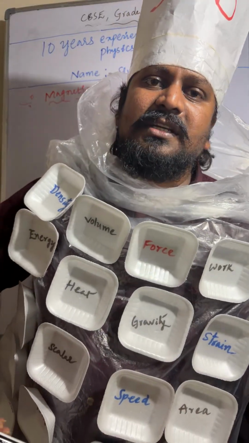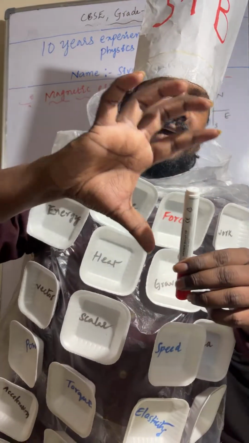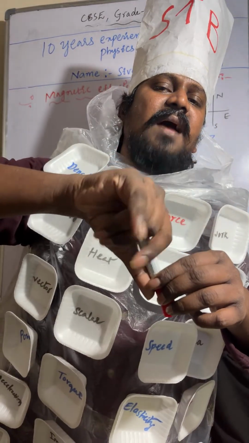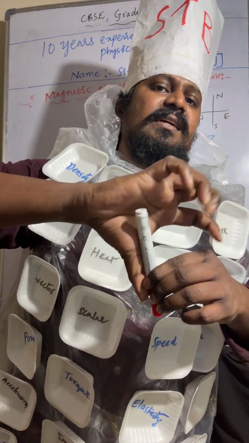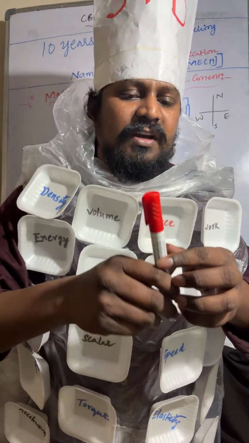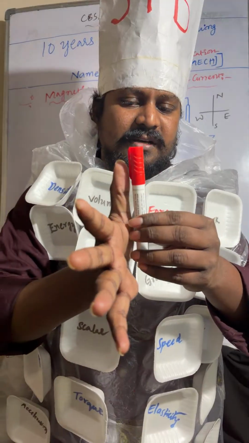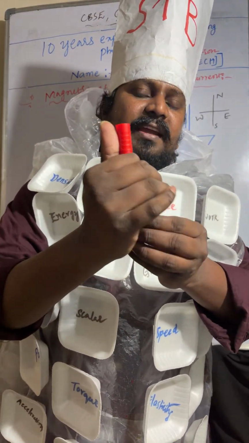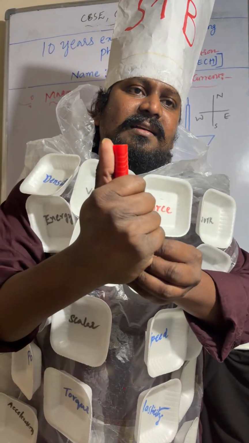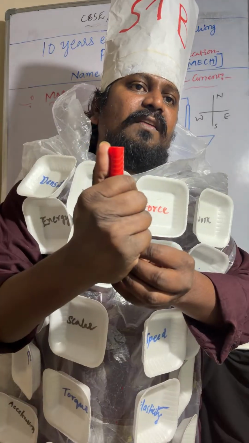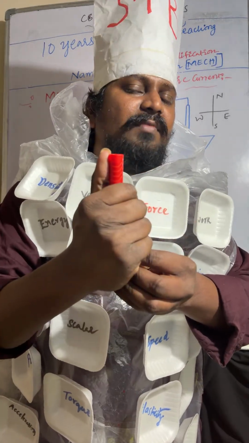Earlier I mentioned this in the loop question. If the current is passing in the downward direction, the curly, folding, wrapping fingers show the magnetic field. Even if you take the upward direction, with current moving upward, if you wrap the fingers around the current carrying conductor, along the folding fingers the magnetic field will be there.